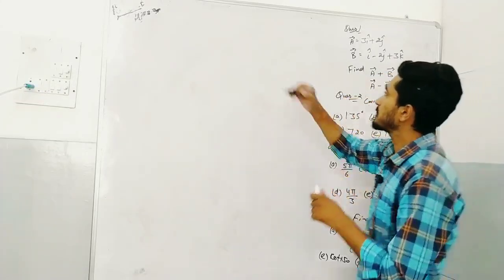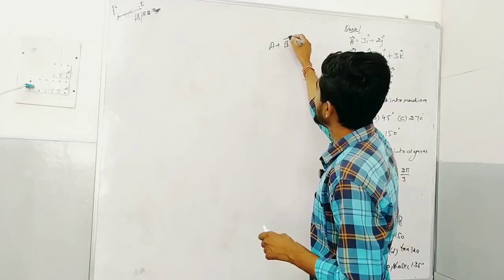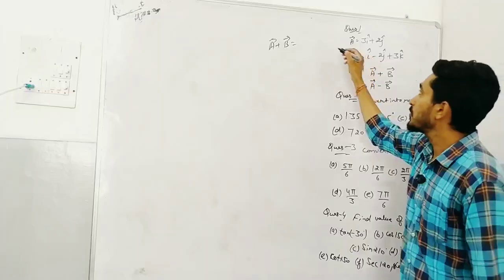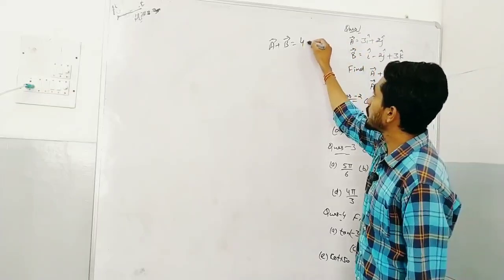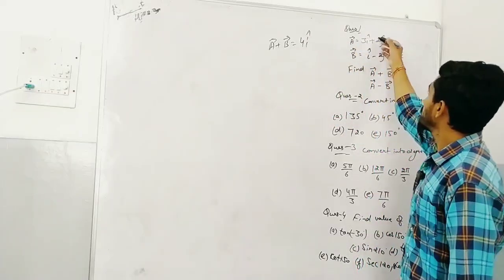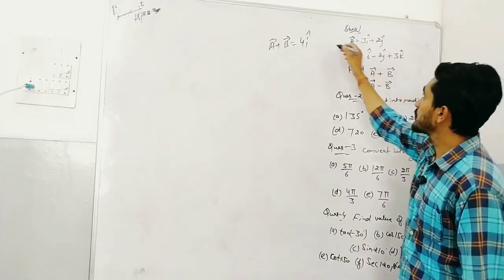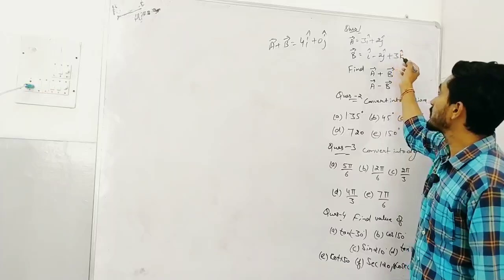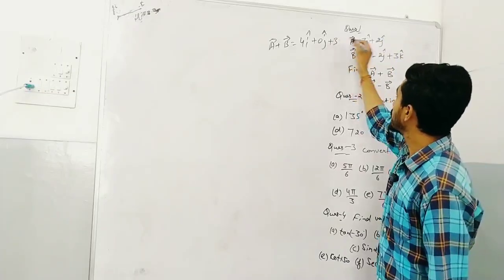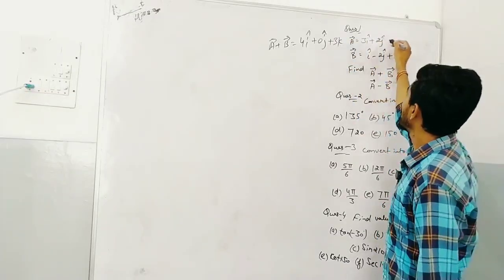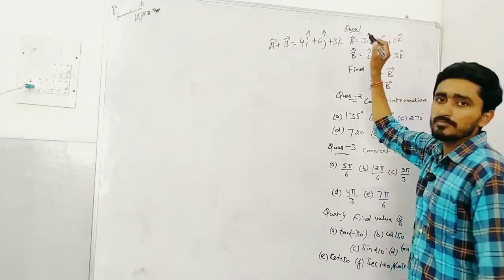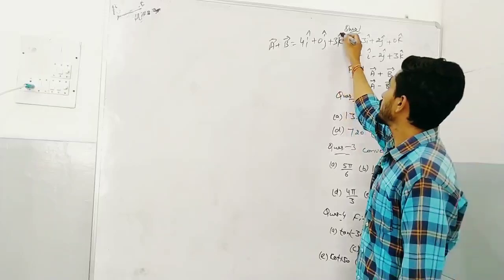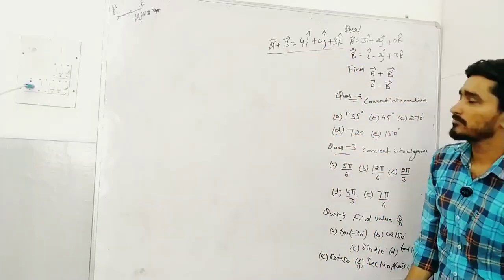What is a vector plus b vector? 3 plus 1 is 4 i cap, and then 2 minus 2 is 0 j cap, and then 3 plus 0 is 3 k cap. Here we have 0 k cap, which is not given. We can assume it as 0 k cap.